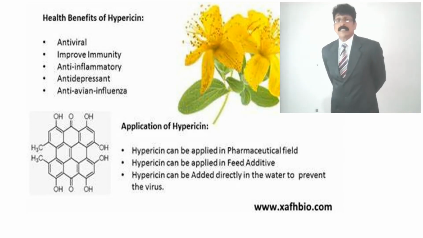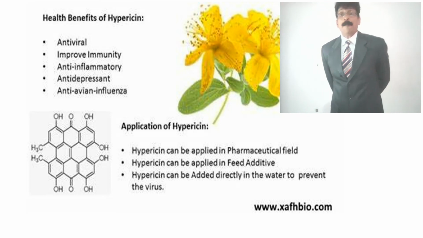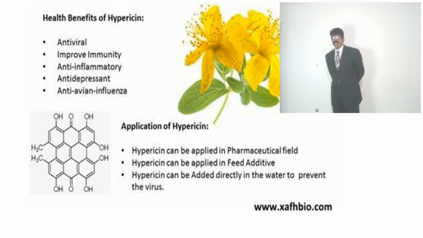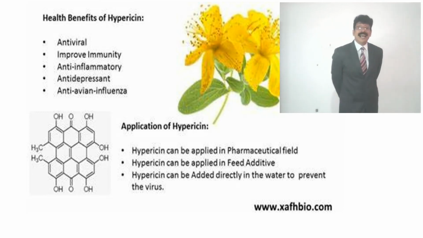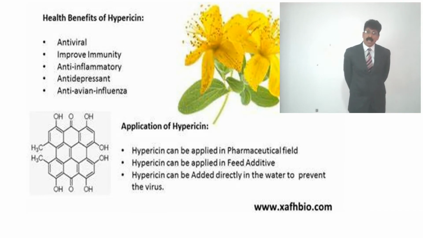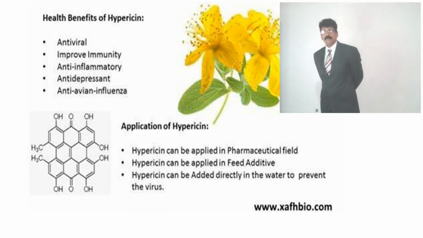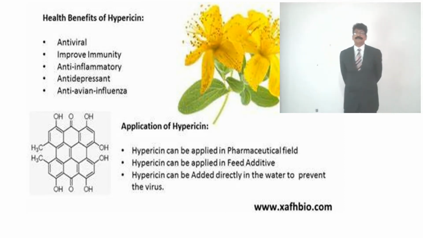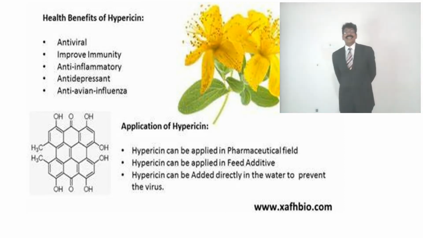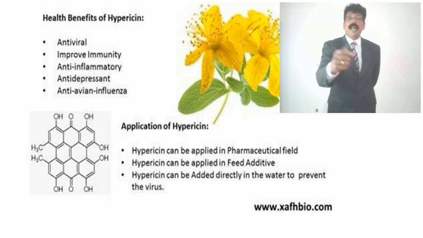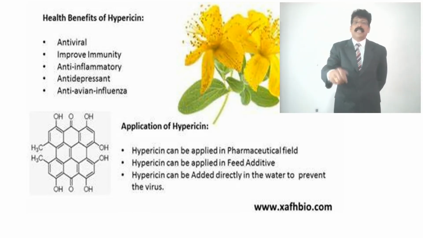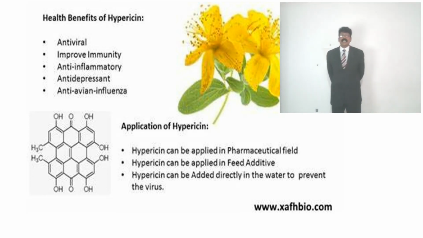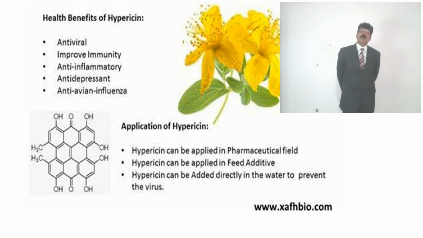So this hypericin which is present in the St. John's Wort flowers is used as an antiviral medicine in bird flu affected by the avian flu virus. And hypericin can be applied in the pharmaceutical field.